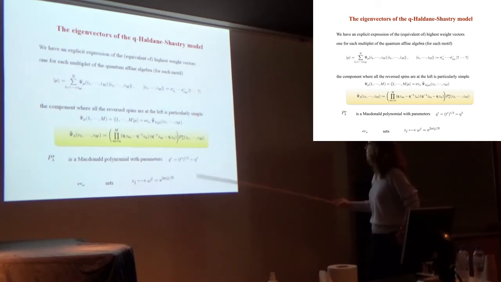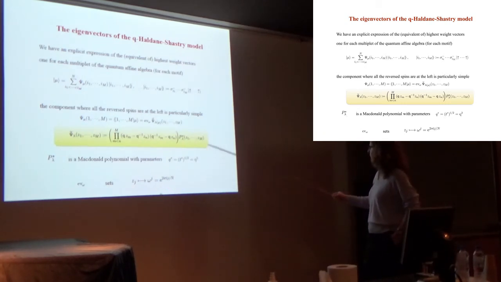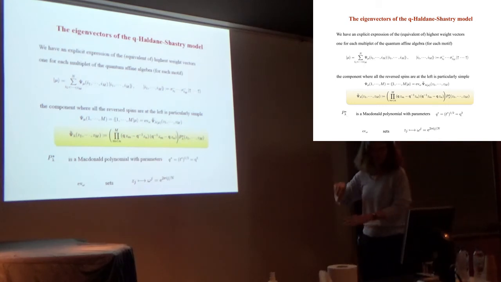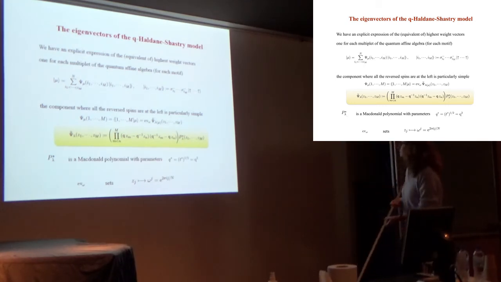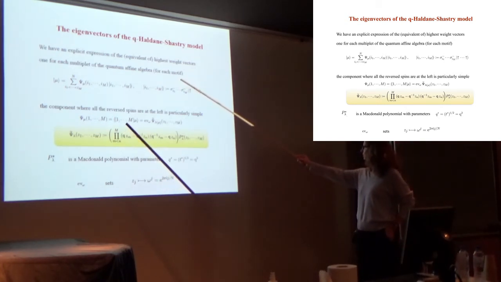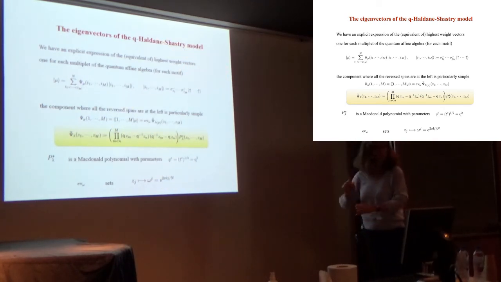So this becomes just a function with a double zero at all the coinciding points of different values of the coordinates. And then for normal Haldane-Shastry, this becomes a Jack polynomial with the parameter alpha equal to 1/2. So here we just got a special component, the first component, if you want, of this eigenfunction.